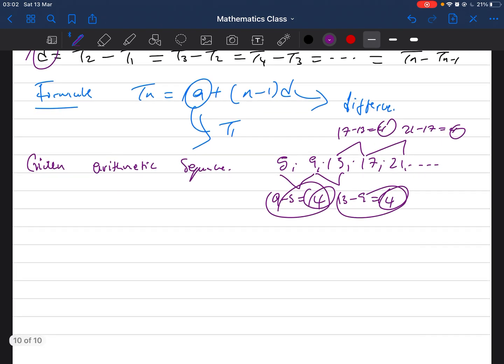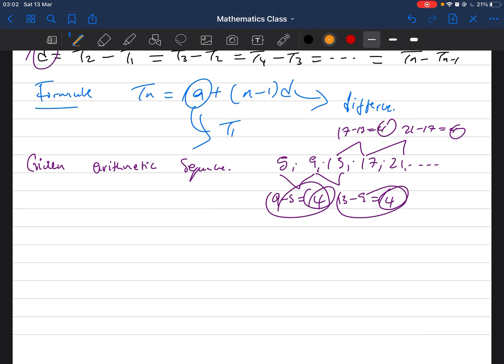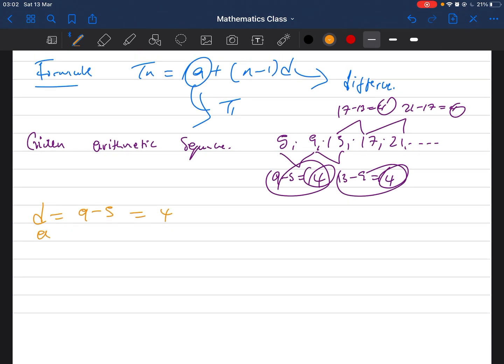Obviously, you don't have to write all of these things when you're writing in your exams. So what you're gonna write in your exam is probably D is equal to 9 minus 5, which is 4. And then your A, your first term, is 5. And then you know your formula.